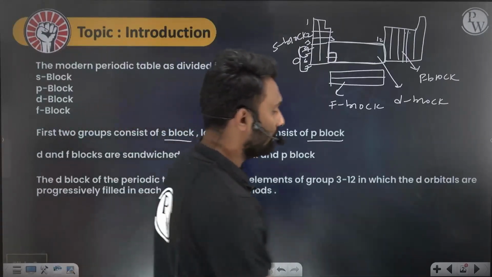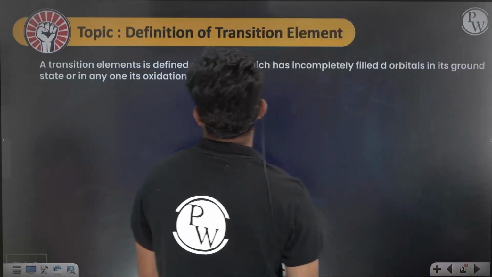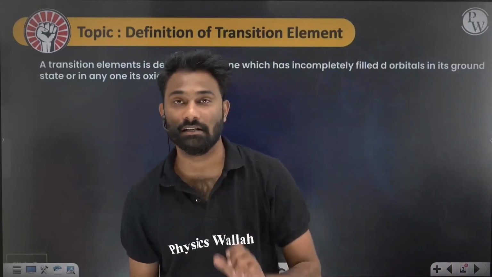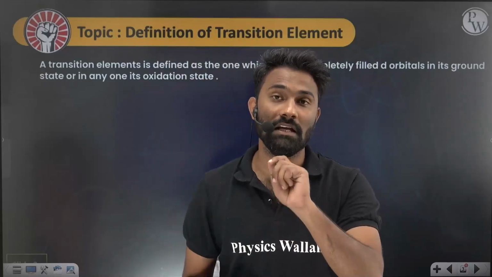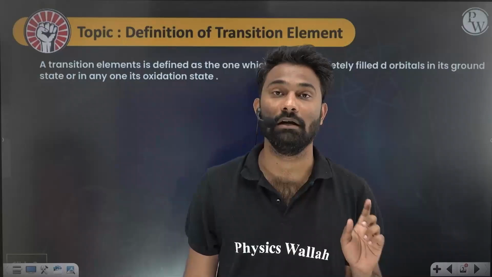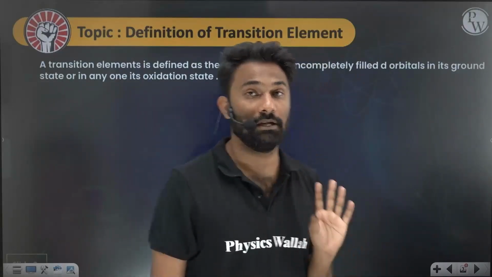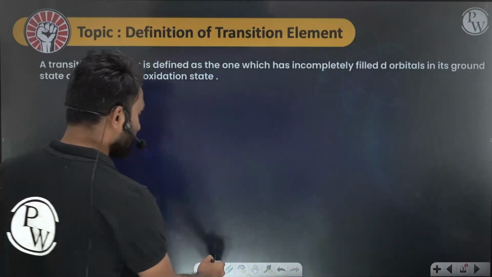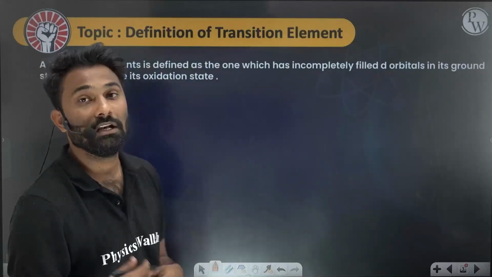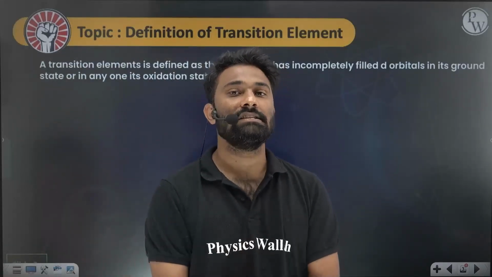Okay, next. Now the definition of the transition elements. All D block elements are called transition elements except zinc, cadmium and mercury. Why are zinc, cadmium and mercury not called transition elements?